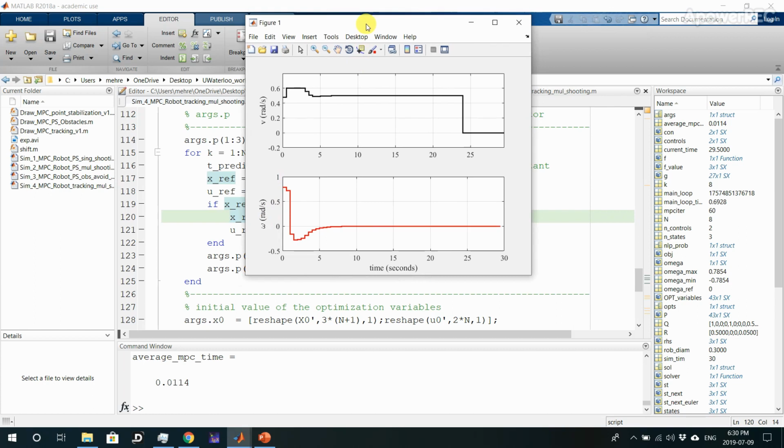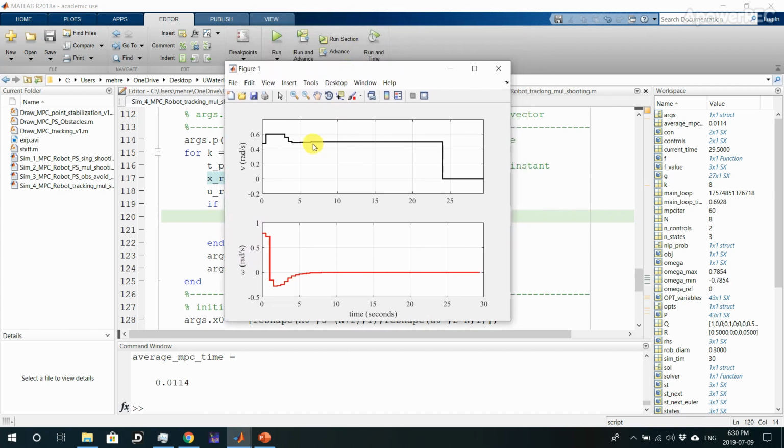omega. So if we have a closer look at our control actions, you will see that during the transient part where my robot was converging to the trajectory, the control action was just hitting the limit of the maximum speed, which is 0.6 in this case, and then it converged down to 0.5, which is the reference control action that we set, right?